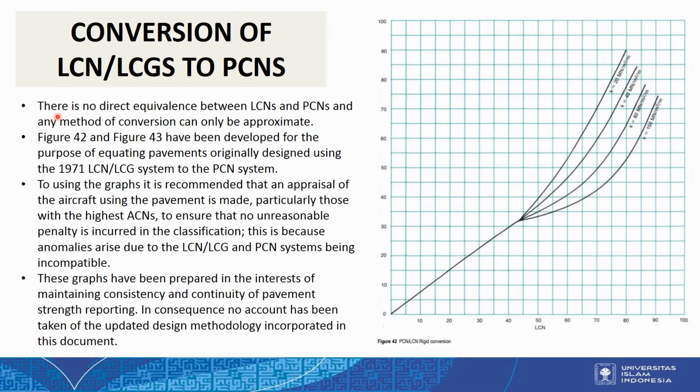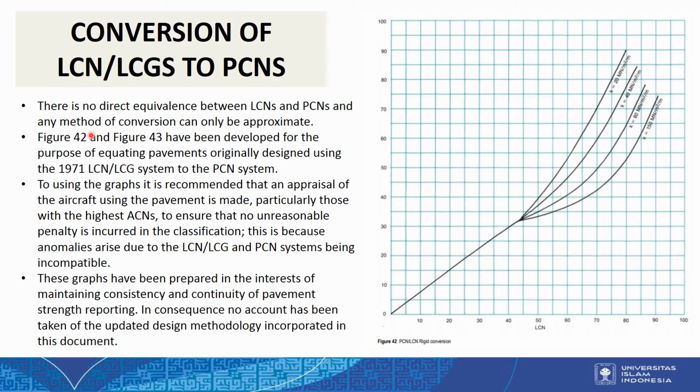So we already know about the LCN and LCG system of reporting pavement, but in the beginning of the slide I already talked to you that nowadays, internationally or globally, the airport classification pavement number is based on the ACN-PCN method, or exactly the PCN method. So sometimes we have to convert the LCN to the PCN.